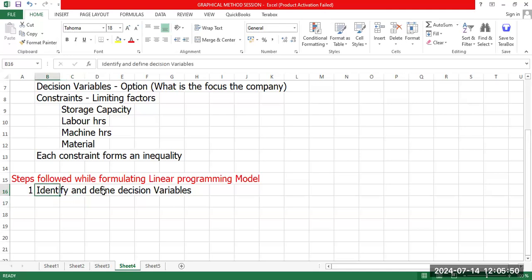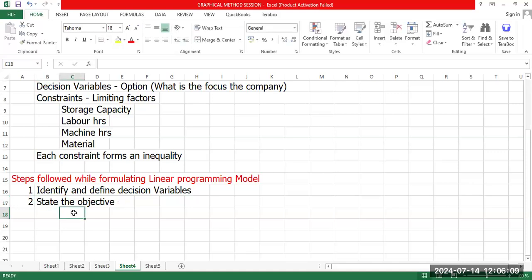Then once you identify and define the decision variable, number 2, you have to state the objective. What is the objective of this company?